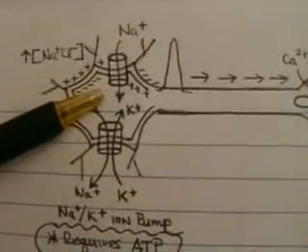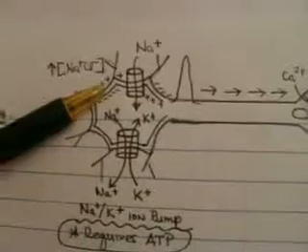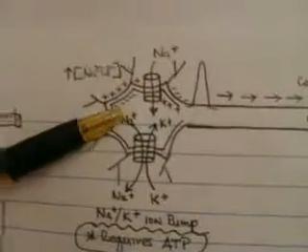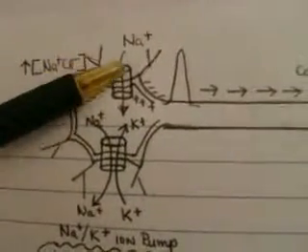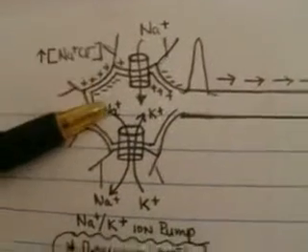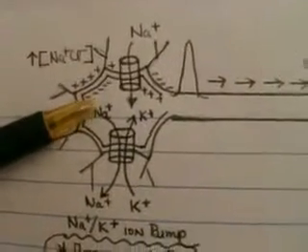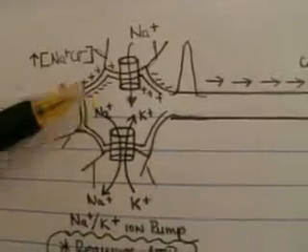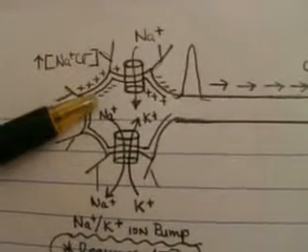We're going to later talk about how once repolarization takes place within the cell membrane, meaning the charge becomes reestablished, in which the positive charge is outside the cell membrane and there's a relatively negative charge within the inner aspect of the cell membrane, that's considered repolarization.